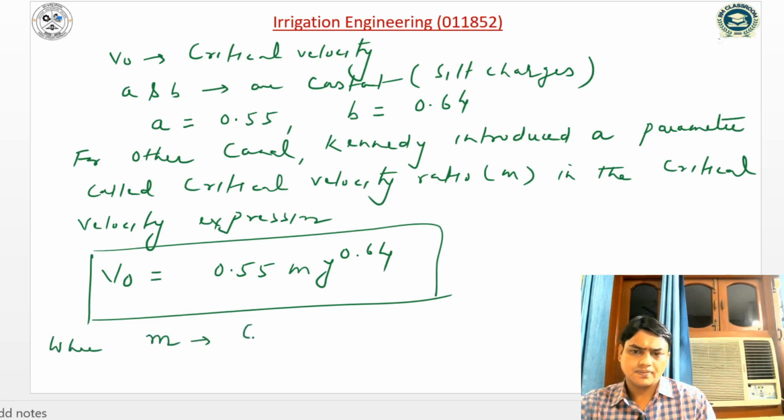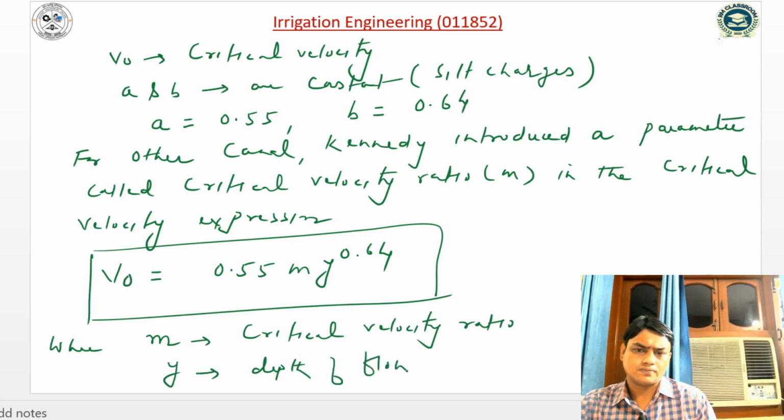Here m is the critical velocity ratio, y is the depth of flow, and V naught is the critical velocity.